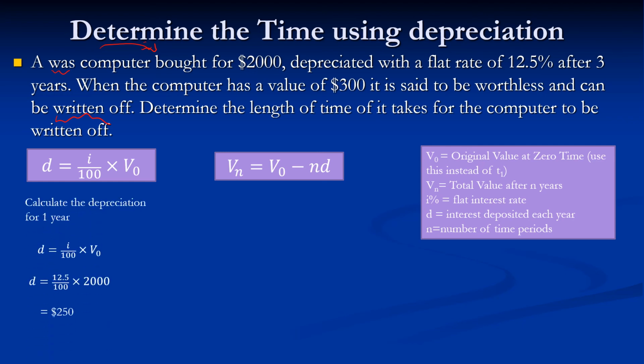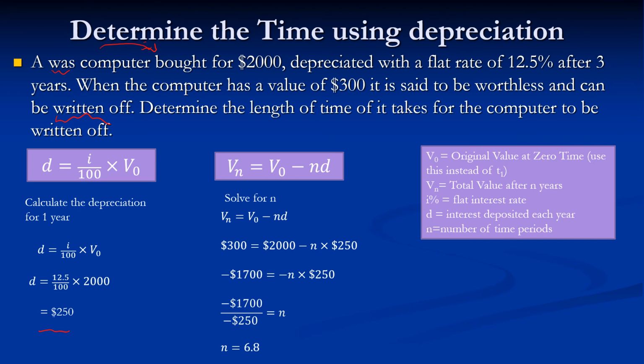So as before, we just calculate the depreciation for 1 year, and that was $250. And as in our second example in simple interest, we just need to solve for n because we're looking at the length of time. So we just say the value after n number of years is that original value minus the number of time periods multiplied by the depreciation for each year.